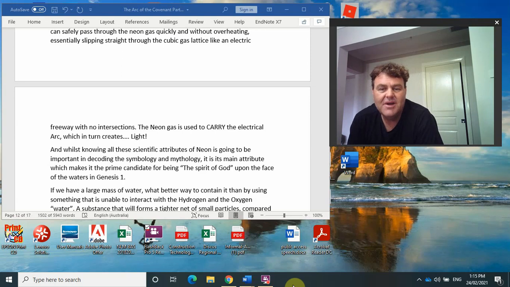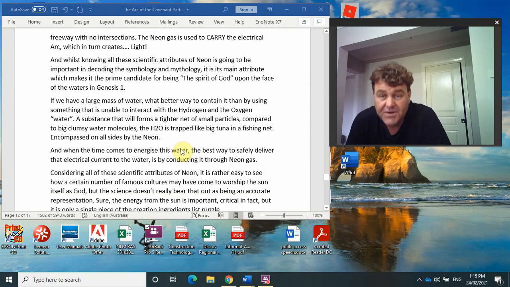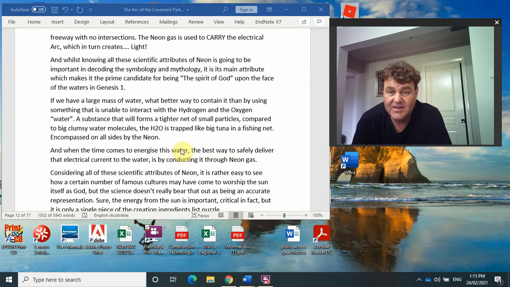Whilst knowing all of these scientific attributes of neon is going to be important in decoding the symbology and mythology, it's the main attributes which make it the prime candidate for being the representation of the Spirit of God upon the face of the water. If we have a large mass of water, what better way to contain it than by using something that is unable to interact with the hydrogen and the oxygen in water?